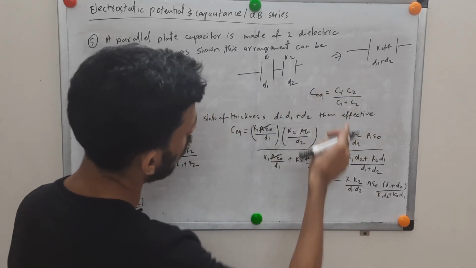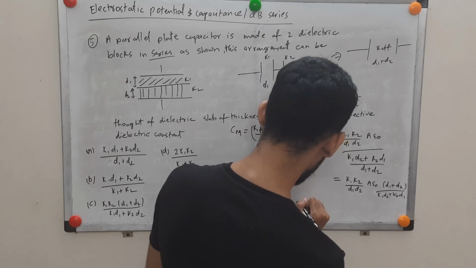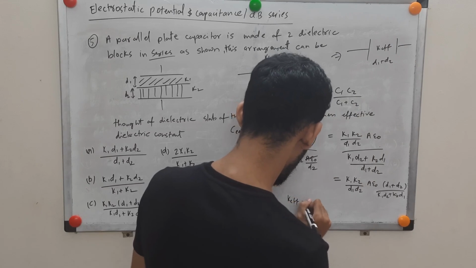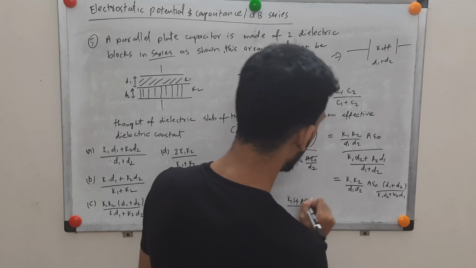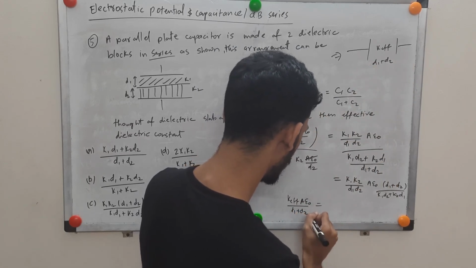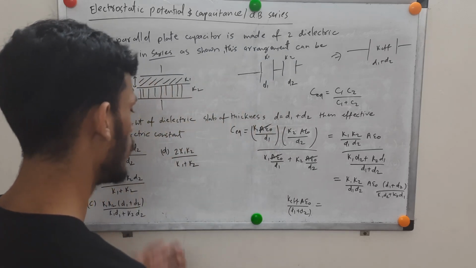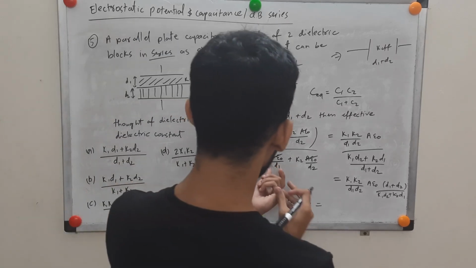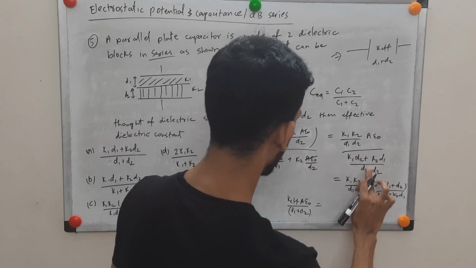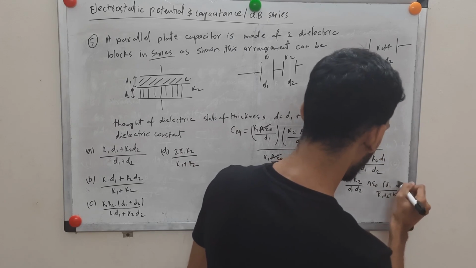So in series, this is the formula. Now this C will be K effective A epsilon naught by D, where D here is D1 plus D2. So here you are supposed to compare these two and get the answer. K1 A epsilon naught by D1, this is the product, so that will go on top and this will cancel.